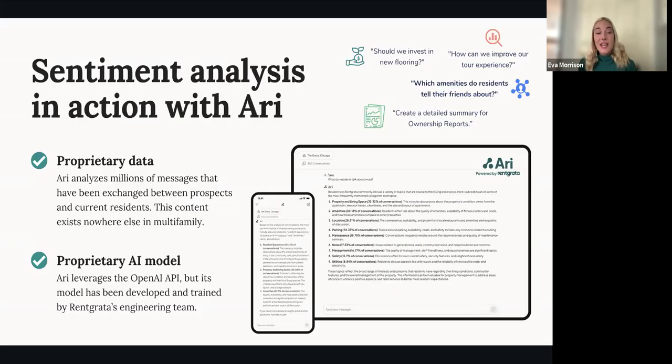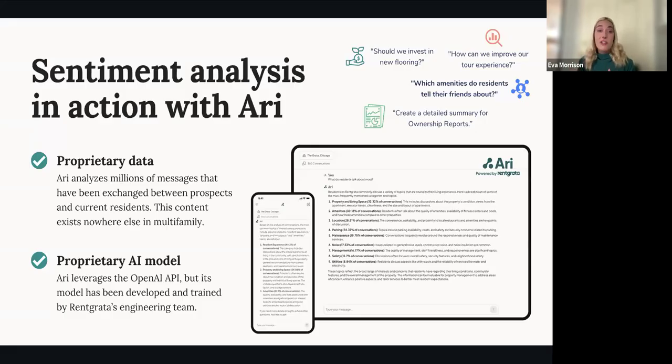And so we've trained our own AI model, leveraging the OpenAI API. Our team spent a lot of time developing and training this specifically for a multifamily use case, so that your team would be able to go in and ask really simple questions and get to these insights in a really impactful way, so that you can use them in your day-to-day and even go a step further and do things like generate marketing materials, actually write emails, and really start leveraging this sentiment analysis in your day-to-day operations.